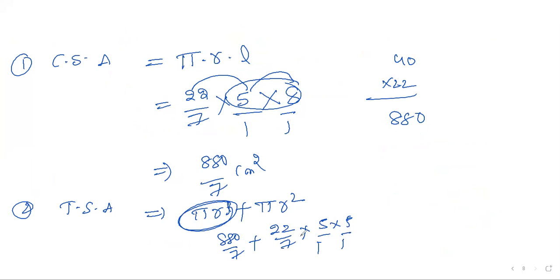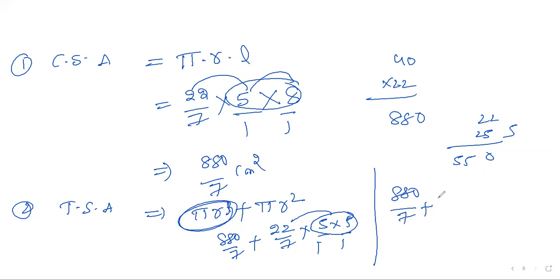If there is no cancellation, again you can do 5 fives are 25, 25 into 22. 25 twos are 50, 25 twos are 50, 50 plus 500, 550. The answer is 550 by 7. So you can take 880 by 7 plus 550 by 7. The denominators are the same, so you can add the numerators. So 880 plus 550 is 1430.